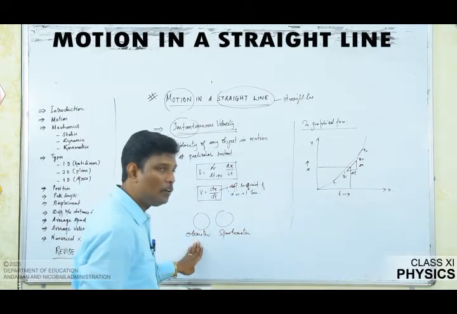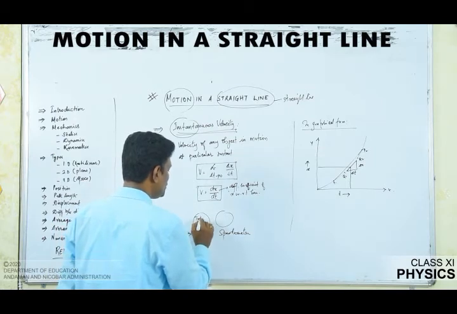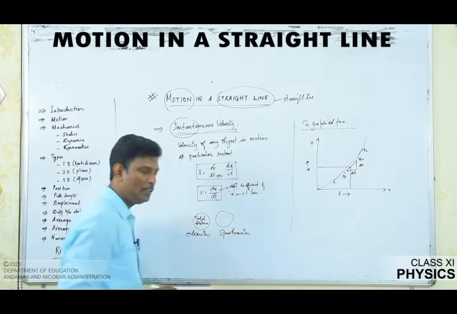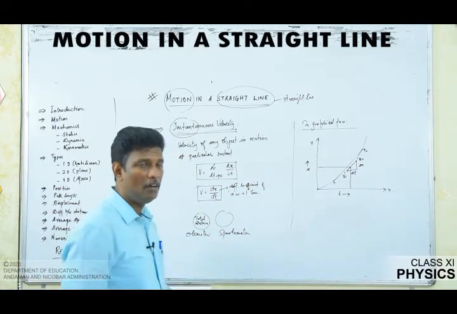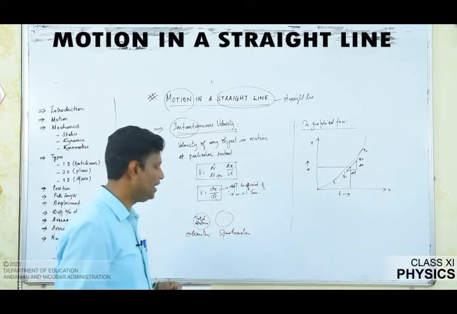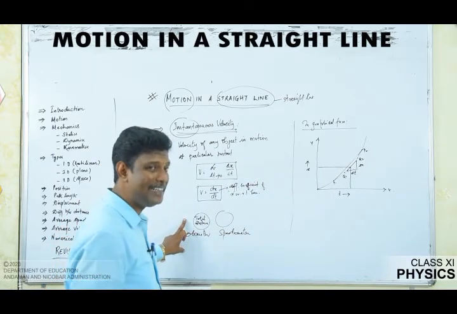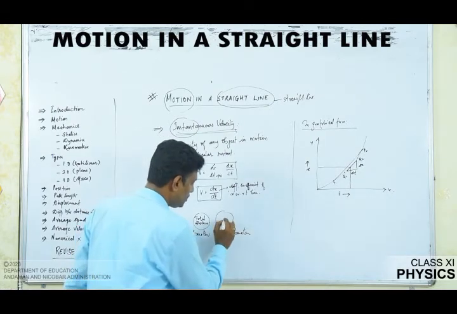What does the odometer show? Odometer shows the total distance covered by the bike. Altogether, all the distances covered are added subsequently and it shows the total distance covered up to that time. But what about the speedometer?